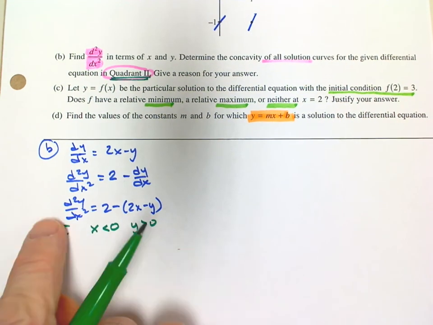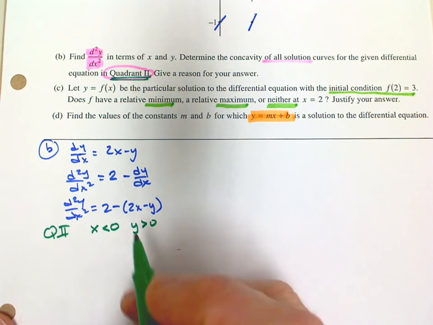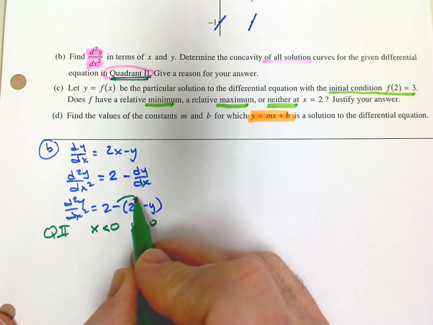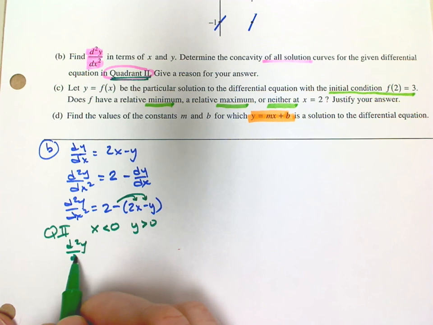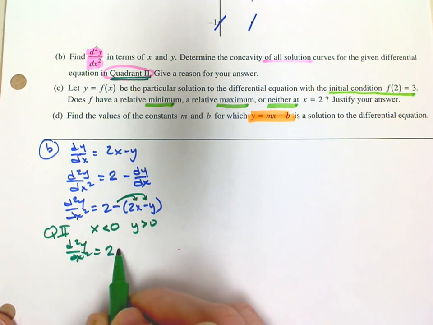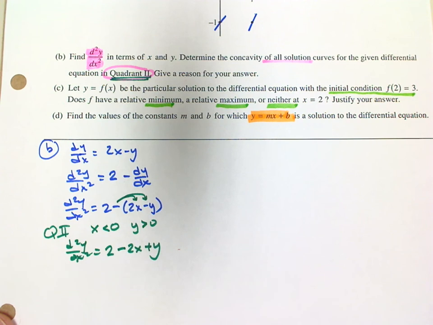So let's consider this second derivative in there because that's going to determine our concavity. If I look at this, I'm going to go ahead and distribute this negative just so that I can clearly see that the second derivative is going to be a 2 minus 2x plus y.